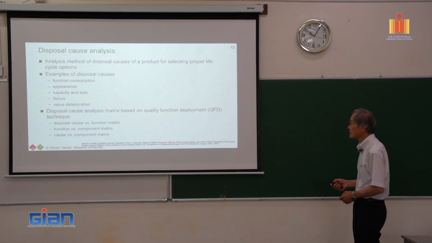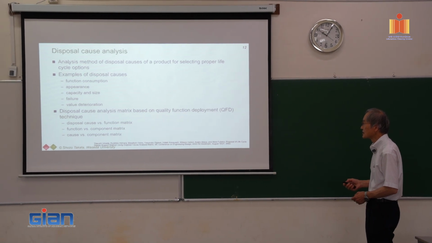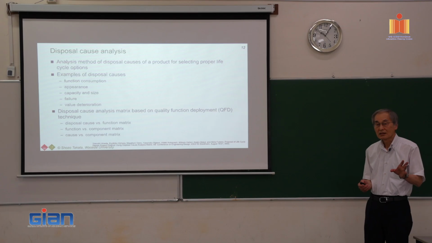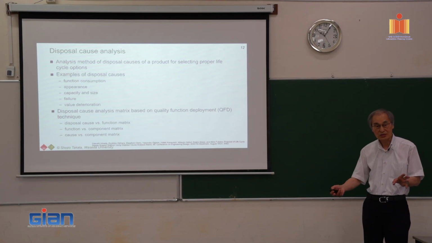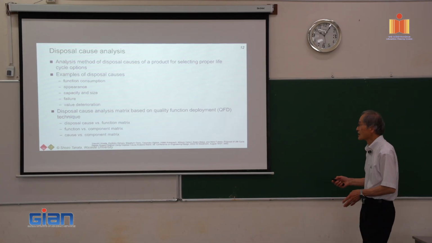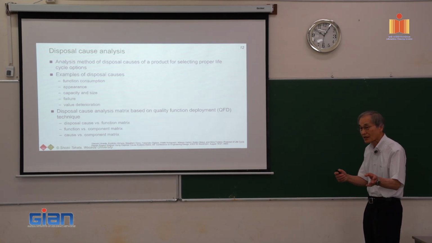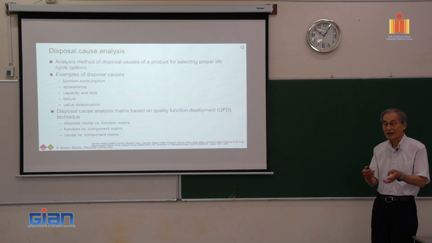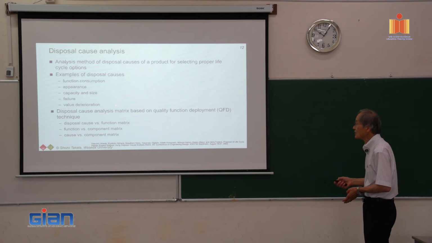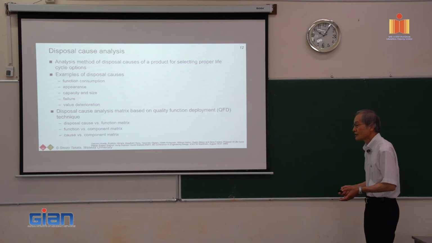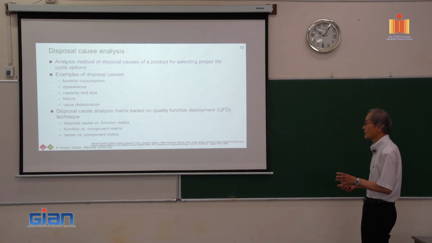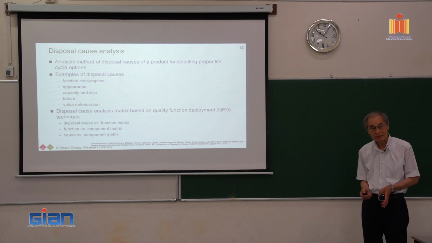And disposal causes means why the product is disposed by the user. Because of the function, consumption, appearance is not so attractive anymore, or the capacity or size is not satisfied with the user's needs, or failure, or deterioration.